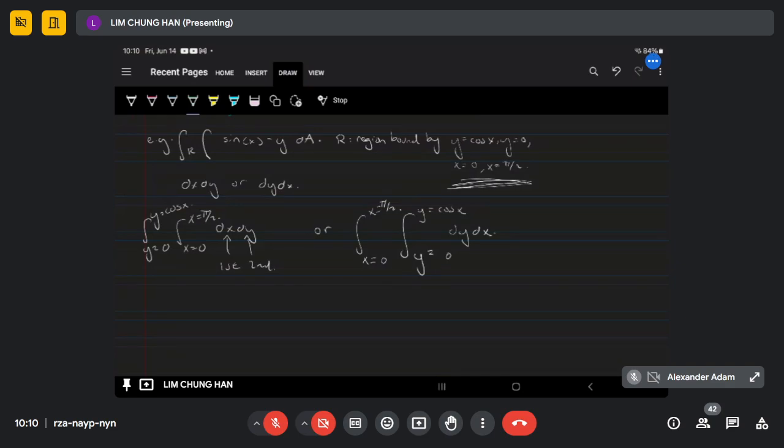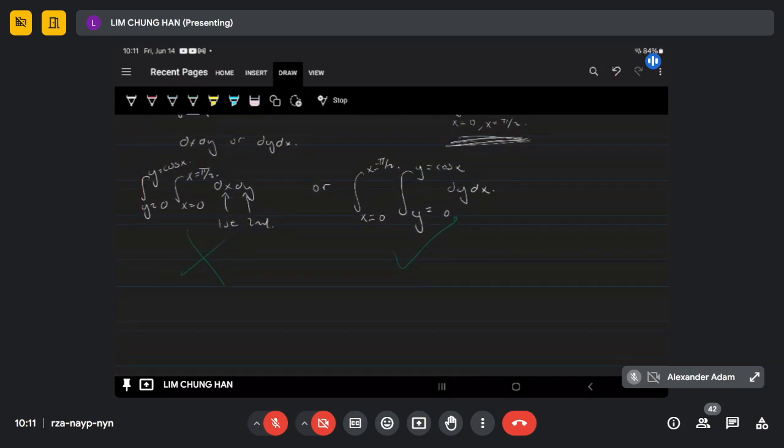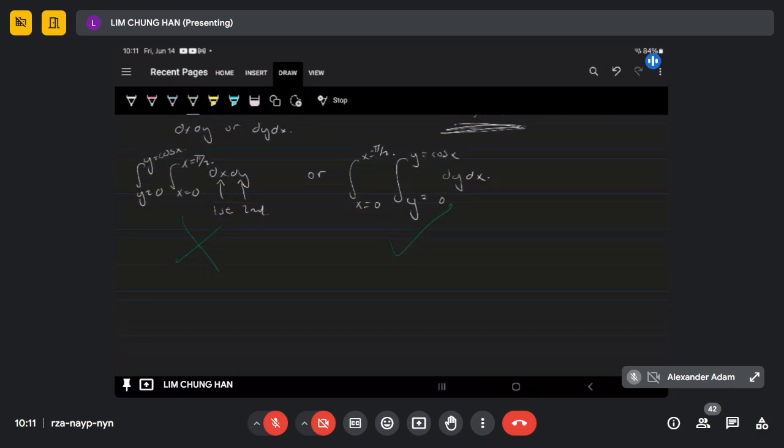Okay, now based on the limits alone, can you decide which one you prefer to do? dy dx, right? You prefer to do this one, not this one. Sorry, why don't you want to do dx dy? The final answer has a variable. Correct. The problem with dx dy is that after you integrate everything and substitute the limits in, your final answer is going to have a variable inside.